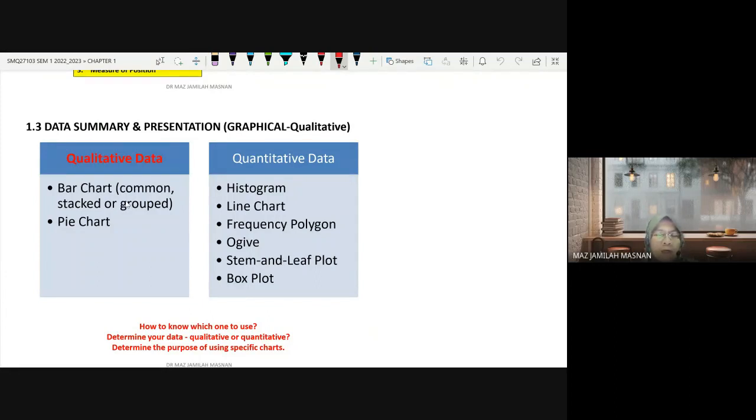But you can have more than what we have discussed, based on the different options of charts that you may have in Excel. We have discussed the bar chart, the histogram, and how we can come up with our pie chart from our qualitative data.